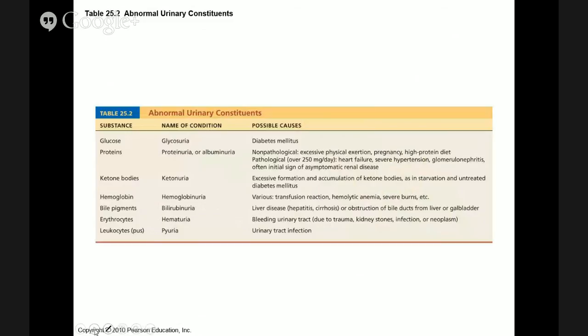There are some things that you should not see in the urine. And you should not see them in the urine because all it's really supposed to be getting through the filter mechanism of the kidneys is basically the metabolic wastes and the water. You should not see glucose in the urine.